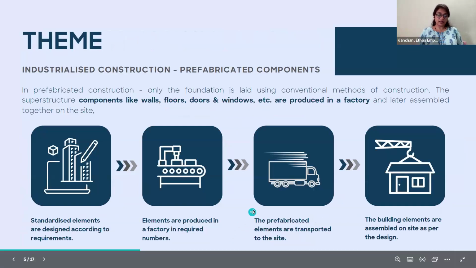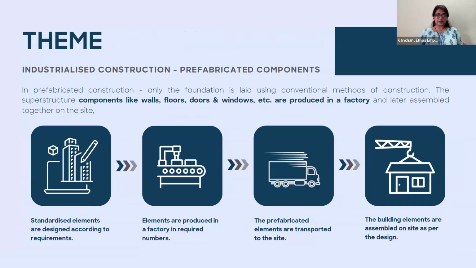In prefabricated construction, only the base or foundation would be laid through conventional methods, and the superstructure components, be it walls, floors, doors, windows, facade, railings, entire toilets or kitchenettes, and balconies, can be produced in a factory and later assembled on site. The first part of the process would be to standardize these elements, designing them on BIM software according to your requirements.